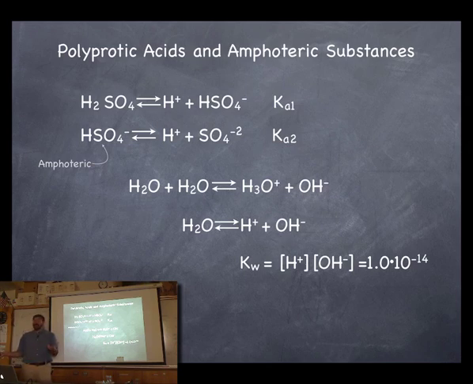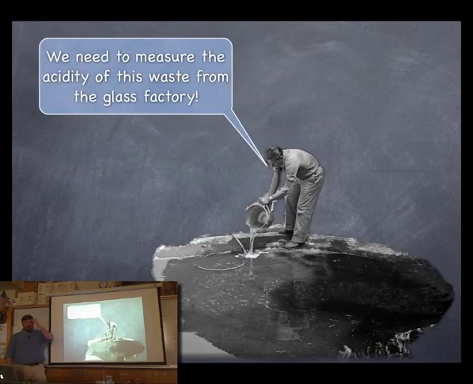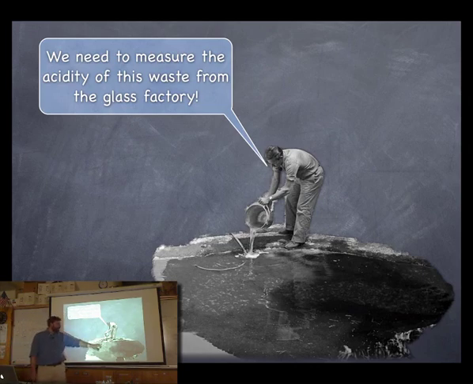Not necessarily a bad difference, just different. When we did our study of the stream, we found that there was some runoff, some residues coming from a nearby glass factory. We want to make sure that the waste coming from that glass factory isn't affecting the pond. Or if it is, we want to know how, so that we could offset that and clean it up.